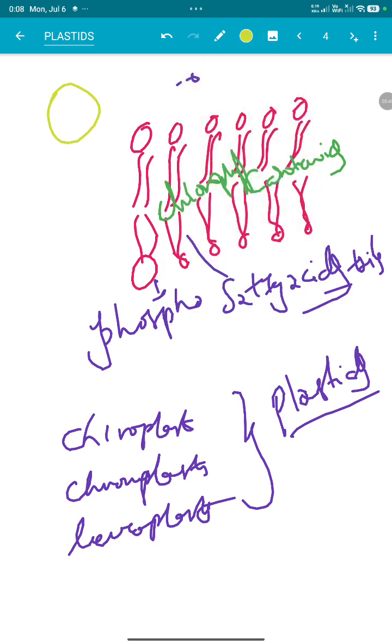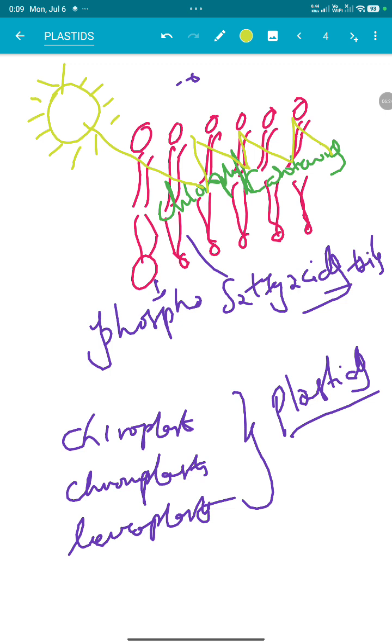From sunlight, the light falls on these pigments and the electron will be excited. It passes to the next protein complexes present in this membrane, and it will pump H plus.